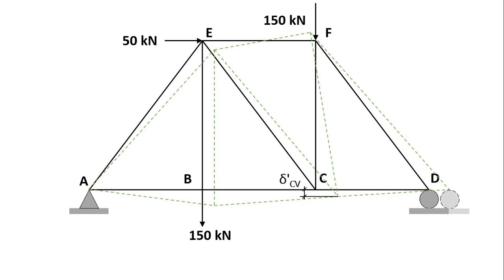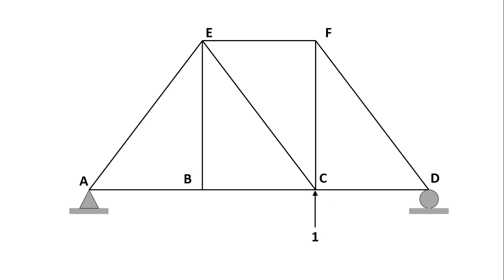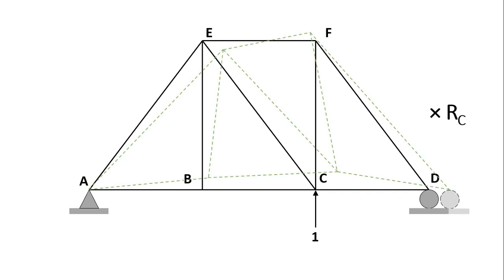Okay? So, for the redundant naman, kung nag-apply tayo ng unit load 1 dito na pataas, made-deform din yung mga members. Therefore, madi-displace din yung mga joints. But take note, i-multiply natin siya ng magnitude ng RC na yun yung aim natin dito. So, let's say, for example, ito yung kanyang displaced position.